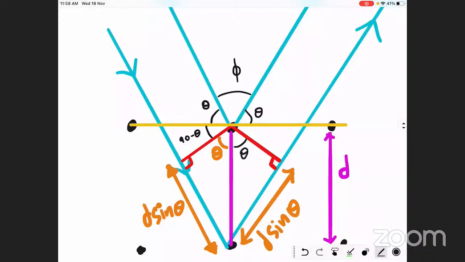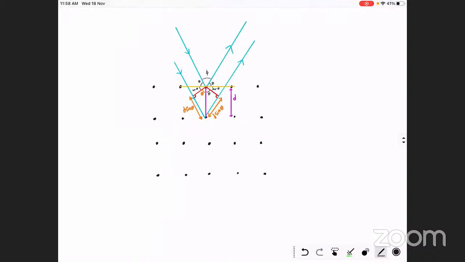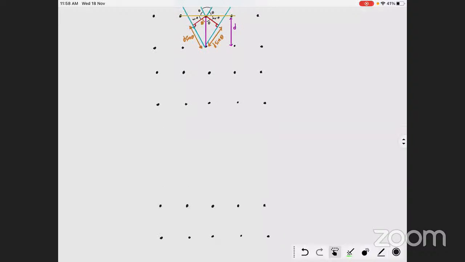Okay. Understood, or shall I explain it again? I'll explain it again. See what is happening. बच्चों इमेजिन करो दो लाइट बीम्स आ रही हैं. ये एक लाइट बीम आ गई और यहां से रिफ्लेक्ट हो गई. लाइट बीम बोल रहा हूं, इलेक्ट्रॉन बीम. अंडरस्टूड. और एक और इलेक्ट्रॉन बीम आई.